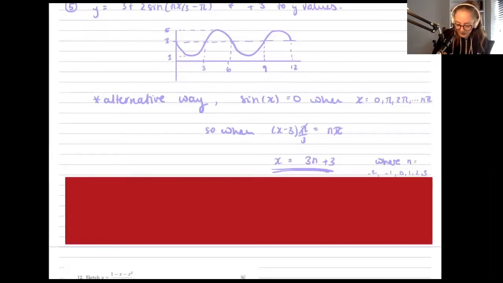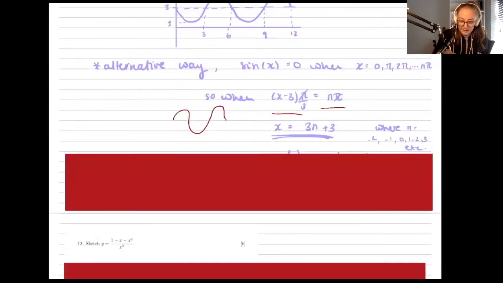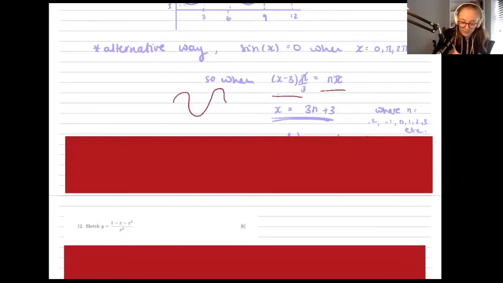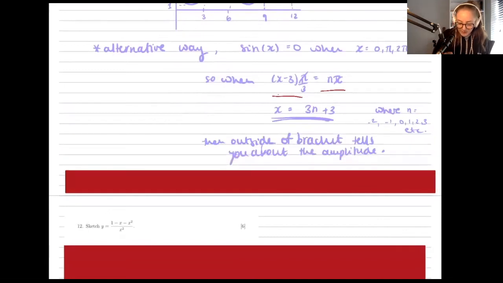So we can say that when this is equal to that, our graph hits 0. So when x is 3 times some value, so 0, 1, 2, 3, or minuses as well, plus 3, then our graph will hit 0. And then outside of the bracket tells you about the amplitude.